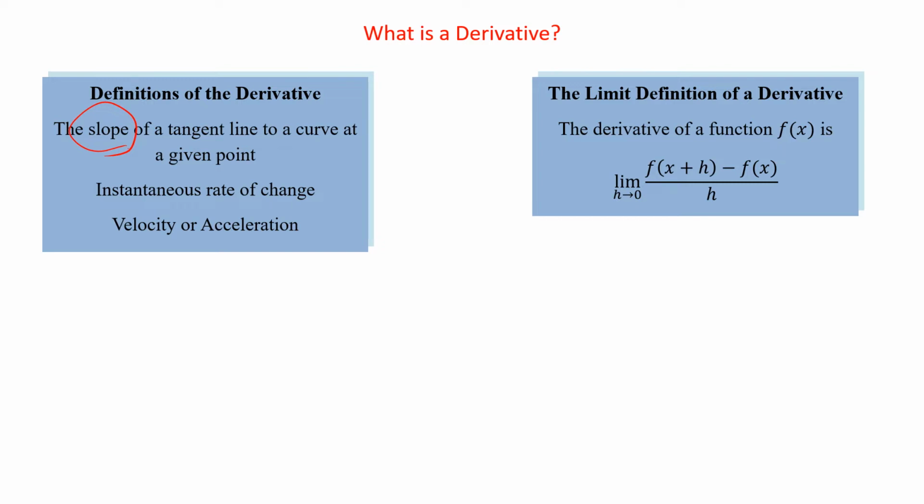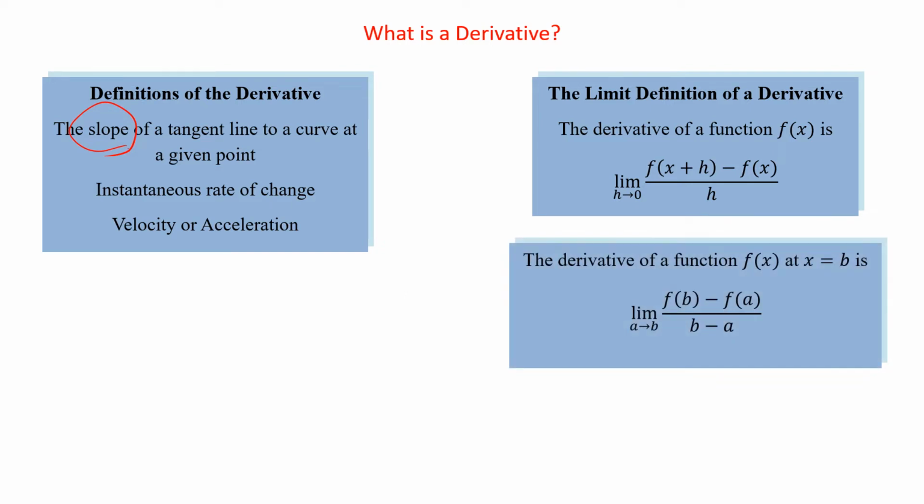There is another slight variation to this equation. It could also be the limit as a goes to b of f of b minus f of a over b minus a. Same idea. It's taking the slope between 2 points as those points get closer and closer to each other. This one uses 2 distinct points, whereas the first one uses 1 point plus a slight difference to that point.